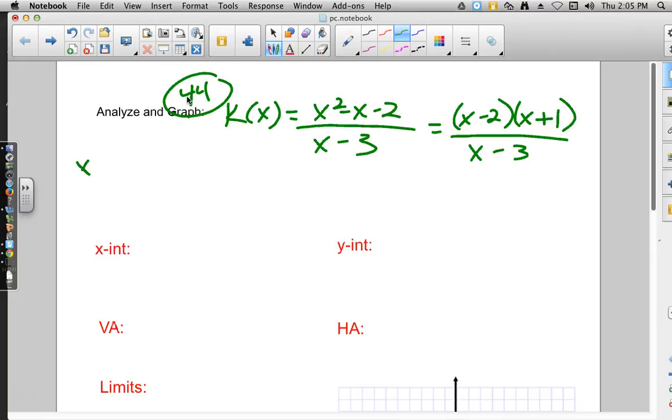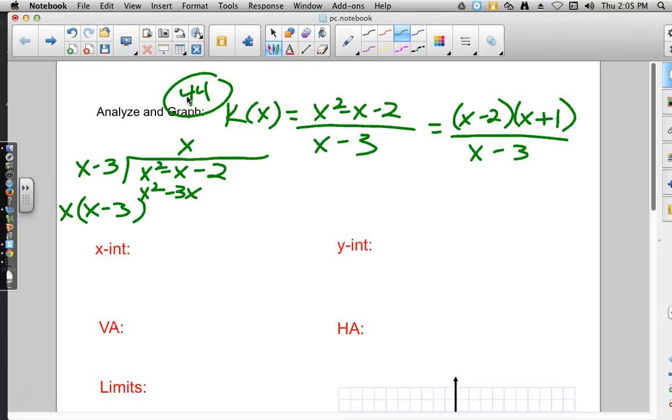Now one more time, I see that the degree of my numerator is greater than the degree of my denominator, which means that I'm going to be working with that polynomial long division to figure out my slant asymptote. So this one is going to need to be multiplied by x, and that will give me x squared minus 3x. And then I have to change the signs and add. So that will give me 2x minus 2.